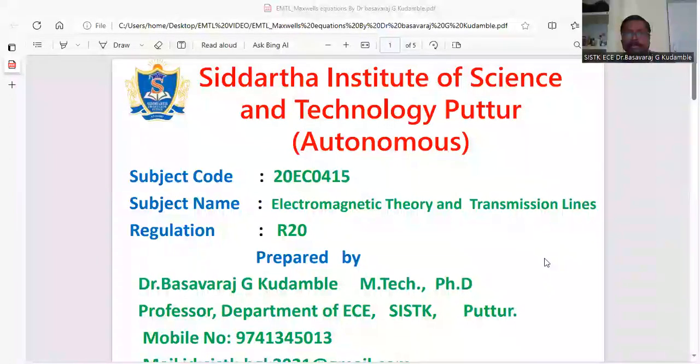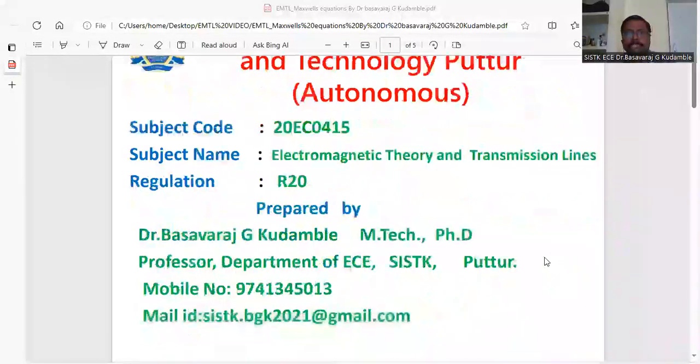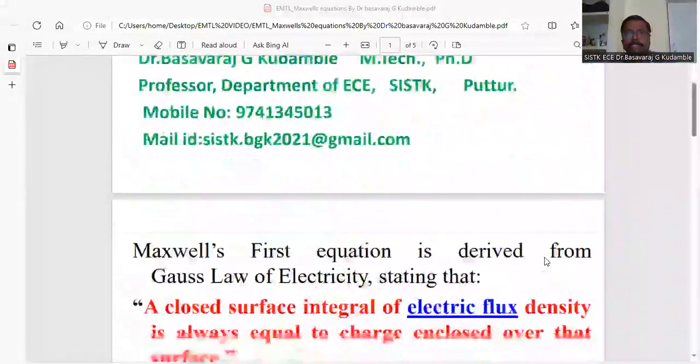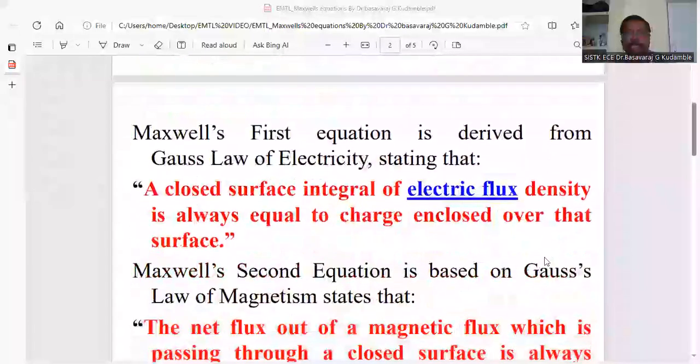So today we are going to discuss Maxwell's equations. Maxwell gave 4 equations for electromagnetic fields, and these 4 equations are very, very important.